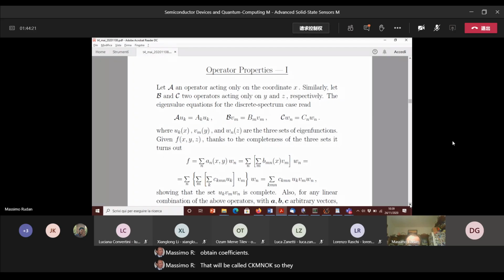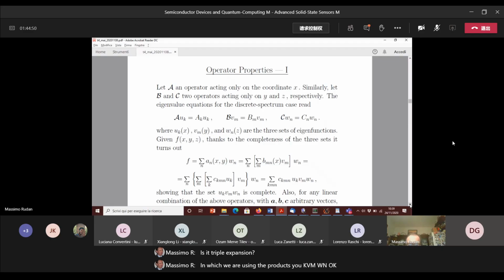So the conclusion is that indeed, if we have the eigenvalues of operators that operate only on x, y, and z, we can expand any function f as a triple expansion in which we are using the products u_k, v_m, w_n.